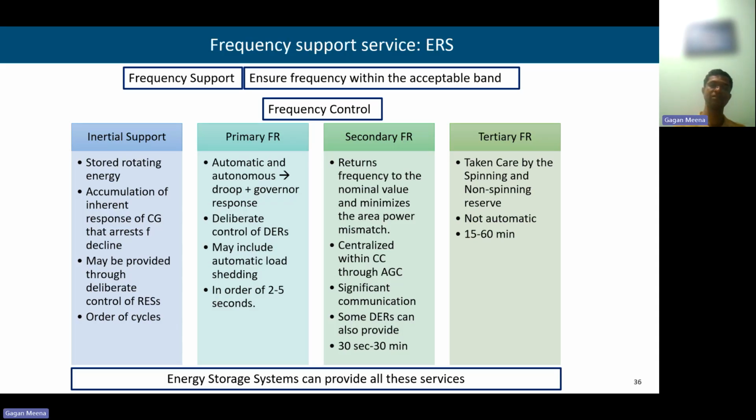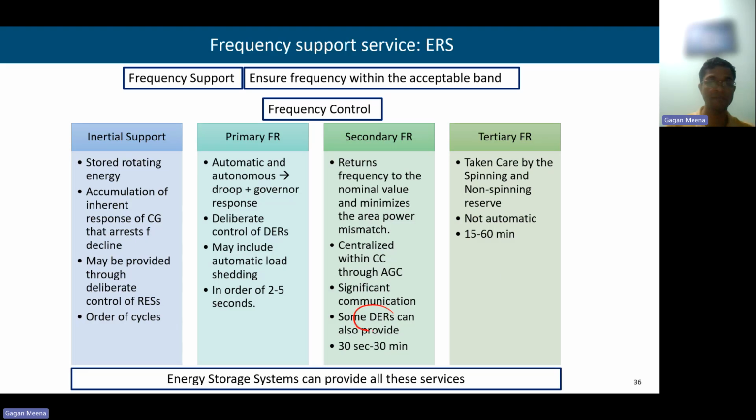So this is to minimize the area power mismatch, and this is centralized within the control center through the AGC control, and it requires a significant amount of communication.